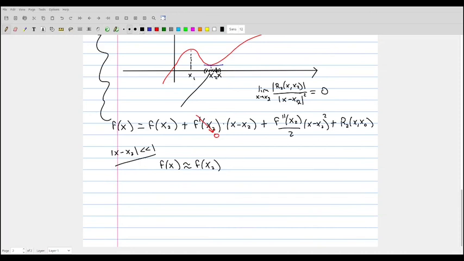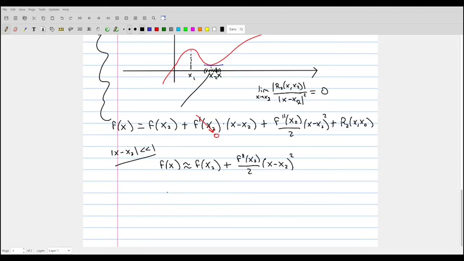When you're very close to x2, f of x is approximately equal to f of x2 plus the second derivative at x2 over 2 times x minus x2 squared, and the remainder term is essentially 0, because it's going to 0 much faster than this term. So we have this nice approximation right here.